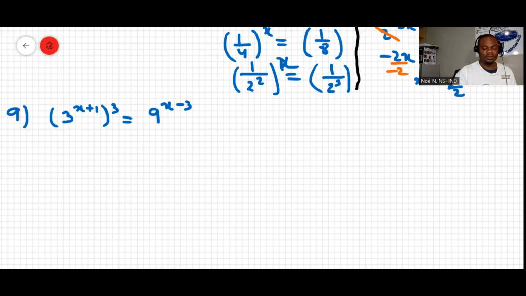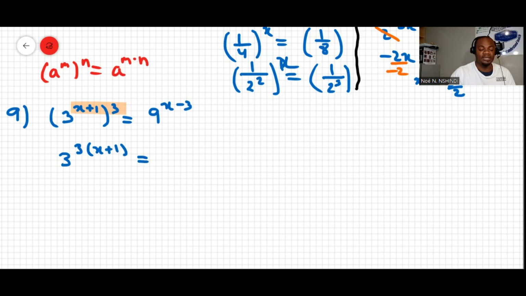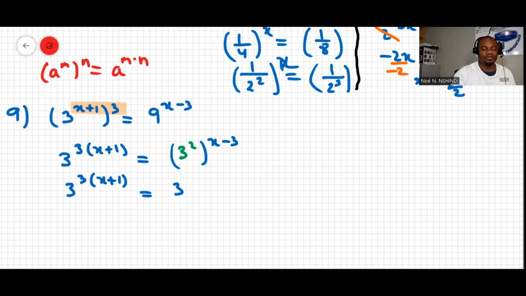This can be transformed. Over here we will just multiply exponents, according to the law that says a to the m, to the power of n, equals a to the m times n. So we can write here 3 to the 3x plus 1 equal to, and 9 can be written in terms of its prime factor. 9 is 3 squared, and then x minus 3. So this makes 3 to the 3x plus 1 equal to 3 to the 2x minus 3.